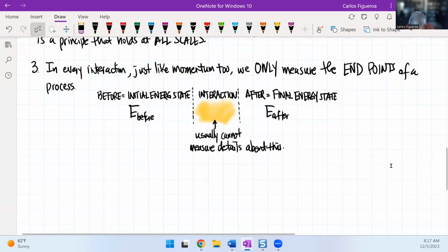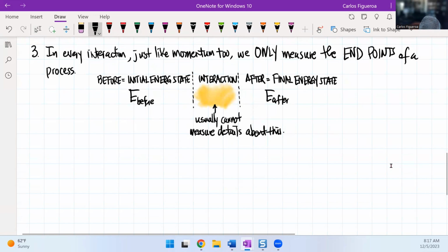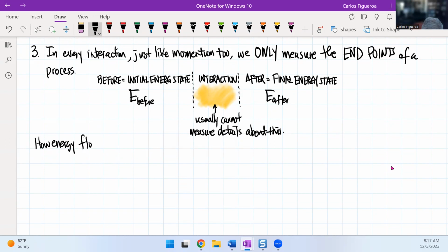And so what we're really looking at is how energy flows in, into, or out of a system. And we've done this before where we have a system here and we say that, okay, this is our initial system.